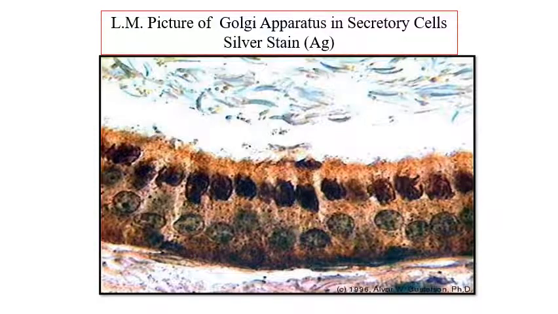Here is a picture of the Golgi apparatus in secretory cells stained by silver. These are cells close to each other, resting on a basement membrane, and this is the nucleus, and this is the Golgi apparatus. It is present at the apex between the apical surface and the nucleus. Why is it present apically? Because the secretory vesicle moves a small distance and opens by exocytosis to the lumen.